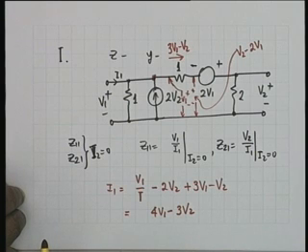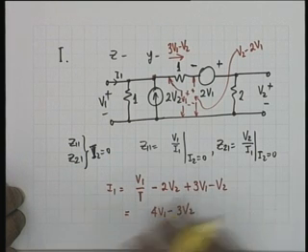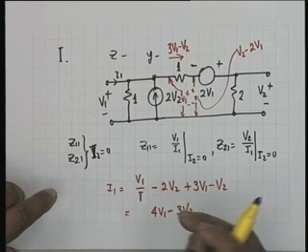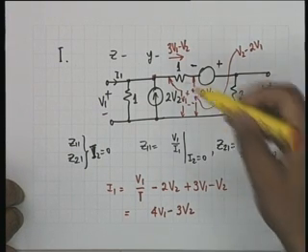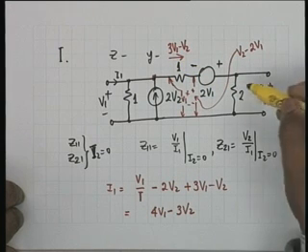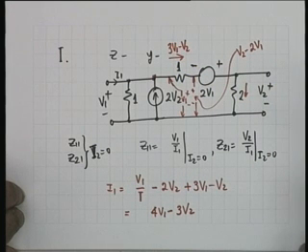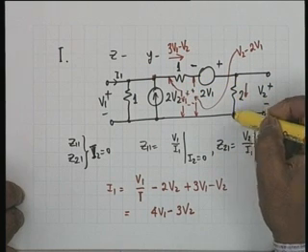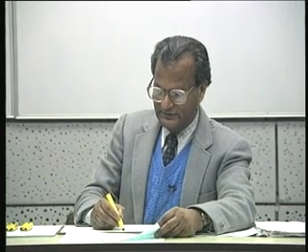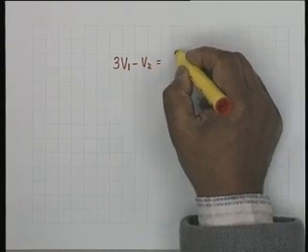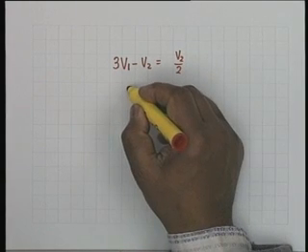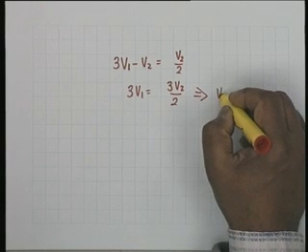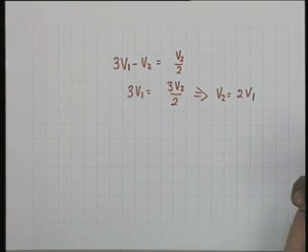This kind of a simple minded approach requires experience, requires practice. But you also notice that this current 3 V1 minus V2 must be the same as this current, that is V2 by 2. Therefore, the second equation of our circuit is 3 V1 minus V2 is equal to V2 by 2, or 3 V1 equal to 3 V2 by 2, which makes V2 equal to twice V1.